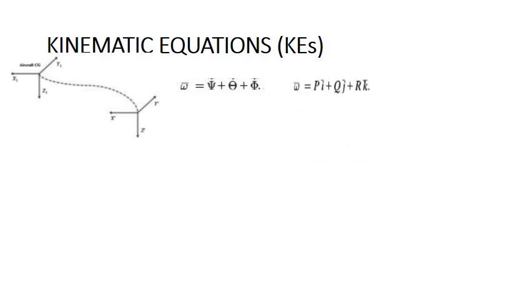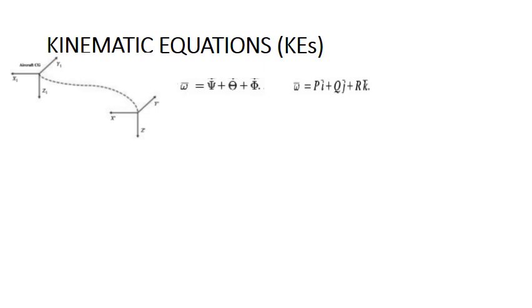However, by definition, we also have omega as a vector equal p, q, r in the body axis system with unit vectors i, j, and k. So these are the angular velocities in the body axis system.